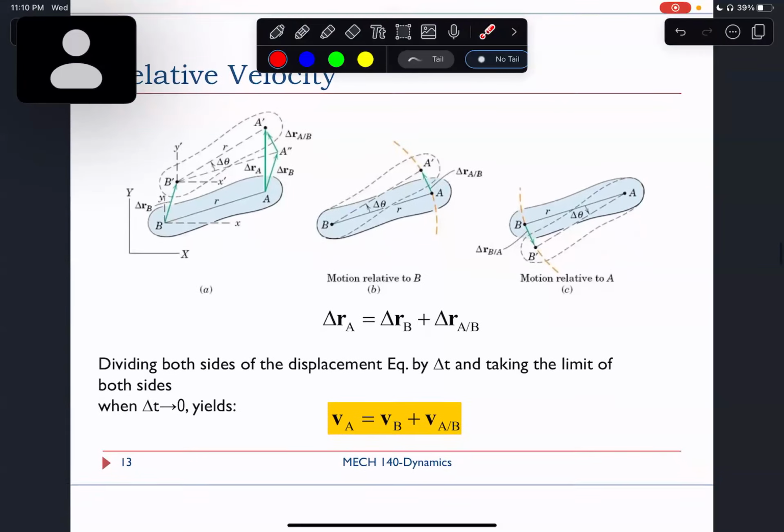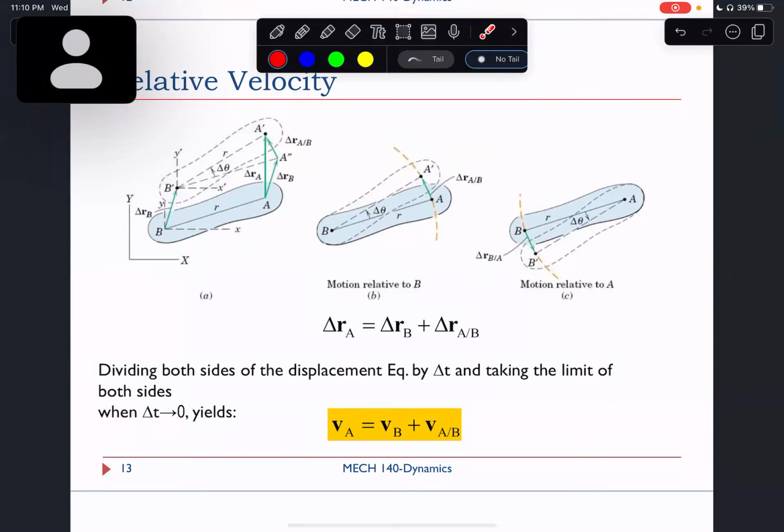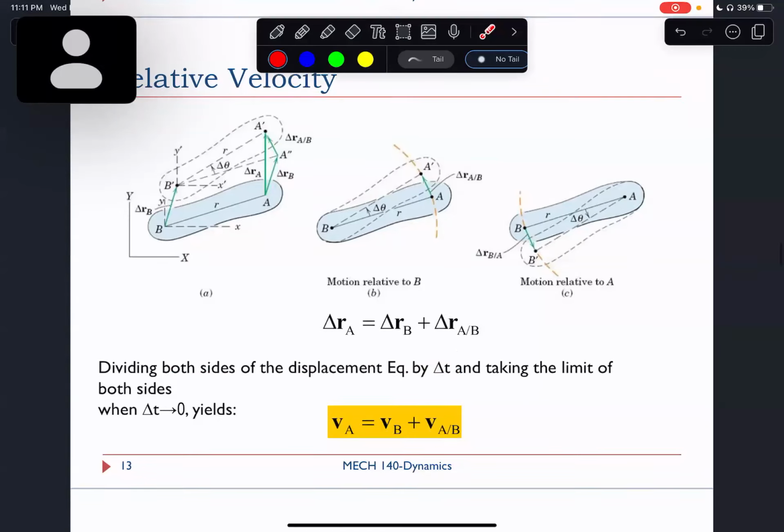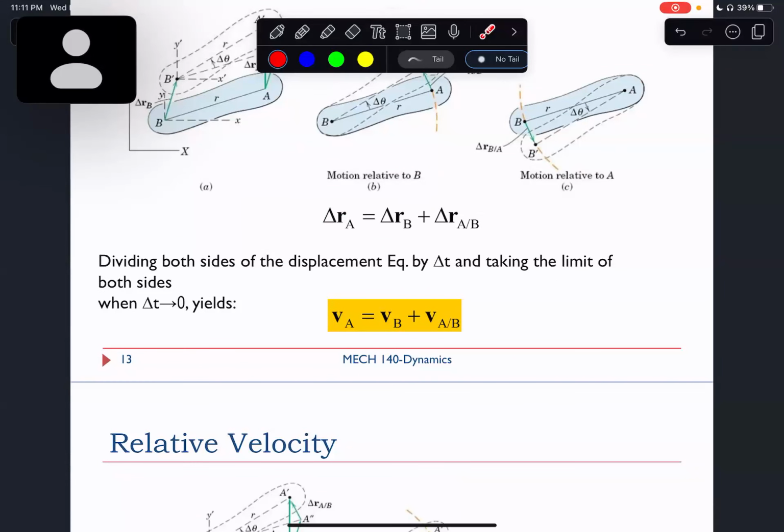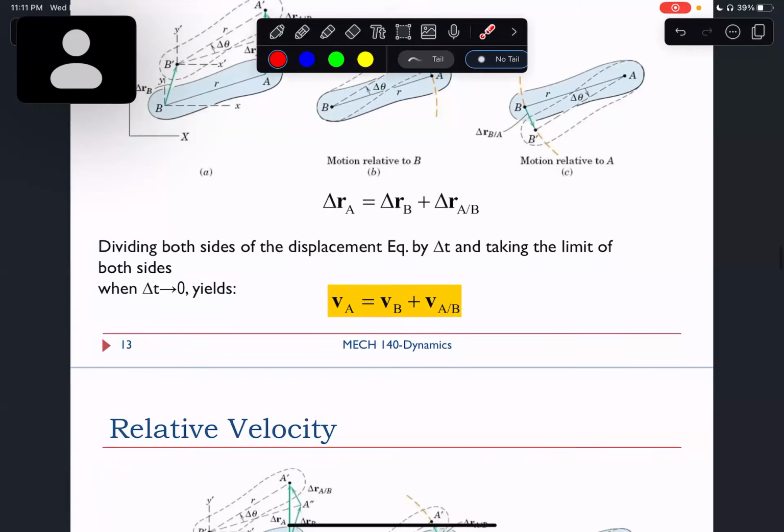And from here, we can see that this delta R A, the change in position of A from A to A prime, is equal to delta R B, which is this vector, I just moved it here, plus the relative motion, delta R A relative to B. Now, if I divide both sides of this by delta T and take the limit, that means that delta R over delta T as VA is equal to VB plus VA relative to B. Okay.